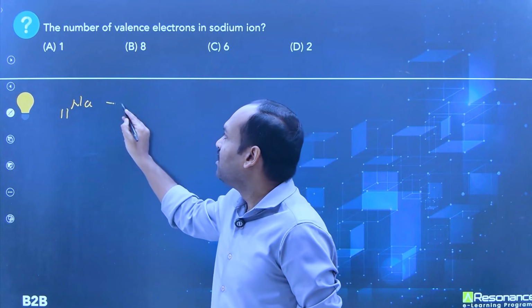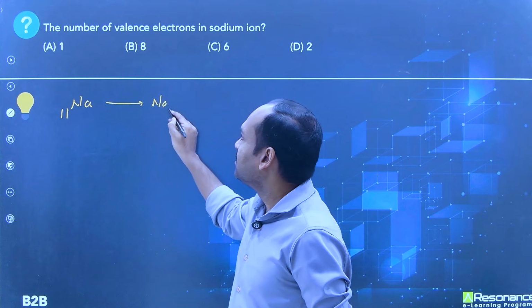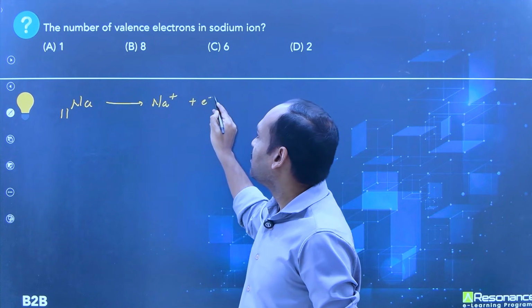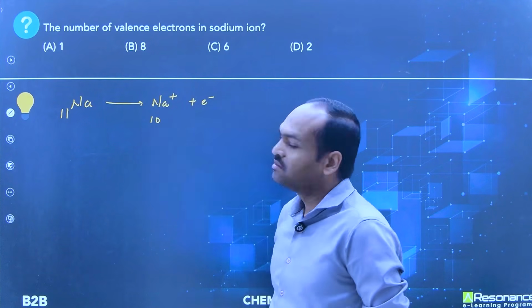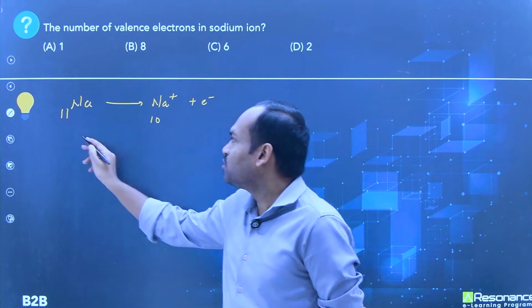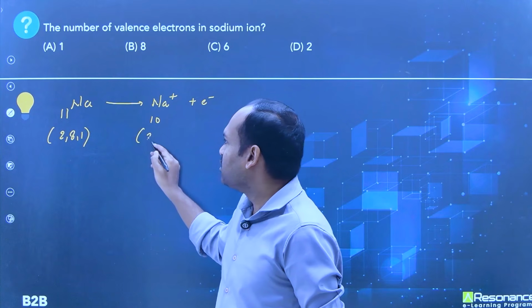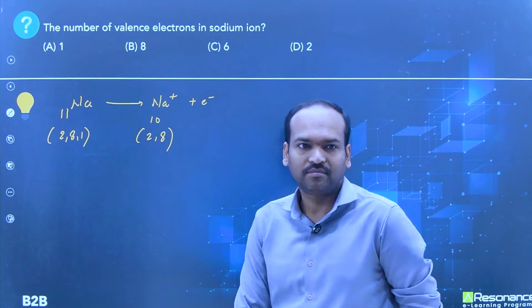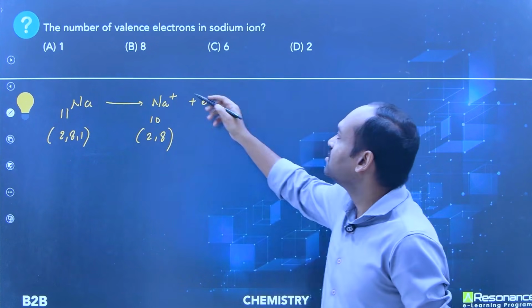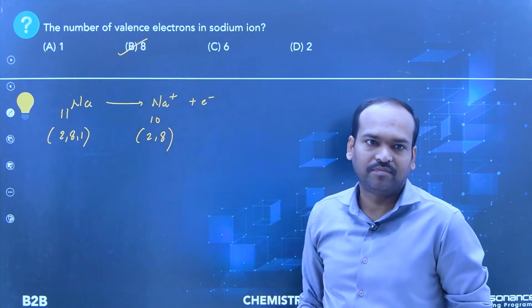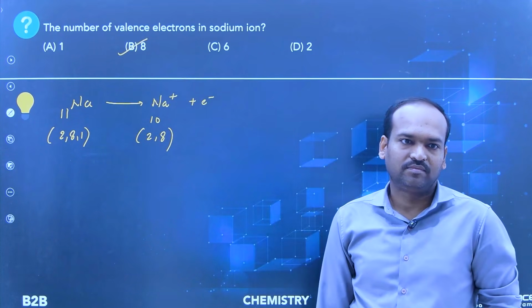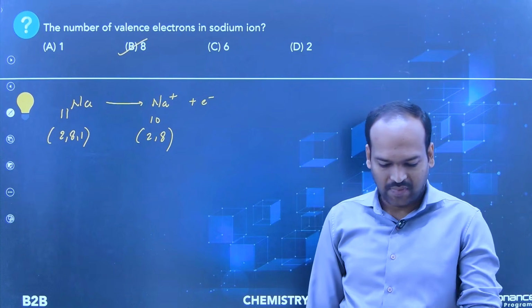Then Na plus. The configuration of sodium is 2, 8, 1. Here it is 2, 8. So 8 valence electrons. Next.